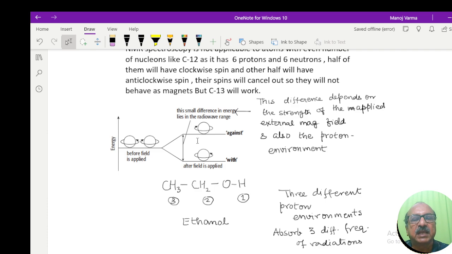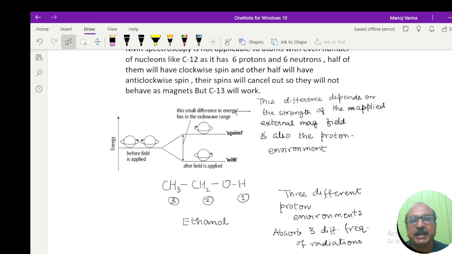That means if radio waves are shining on this sample, then some amount of radio waves can be absorbed by the protons of the lower energy level, and they can flip to the higher energy level, and that creates a signal in the NMR instrument, and those signals we see in the spectrum.